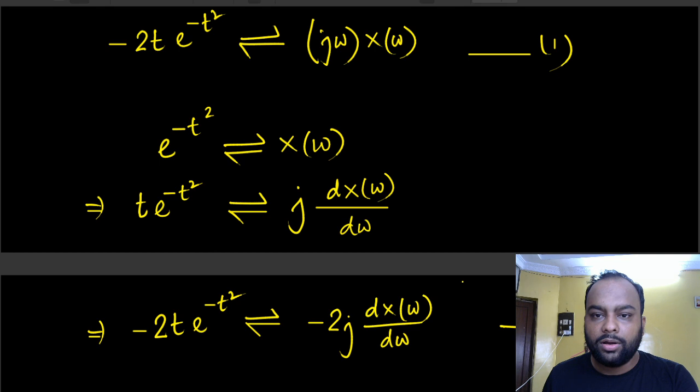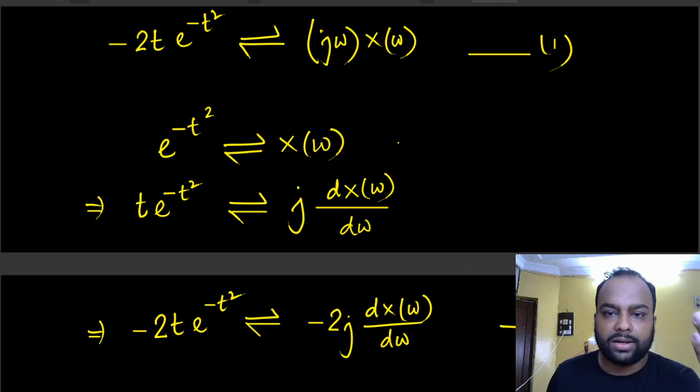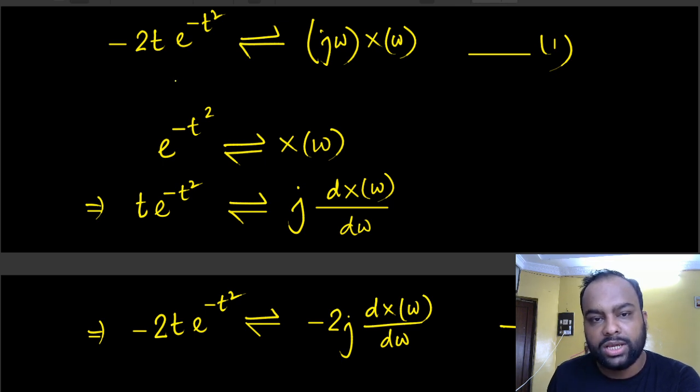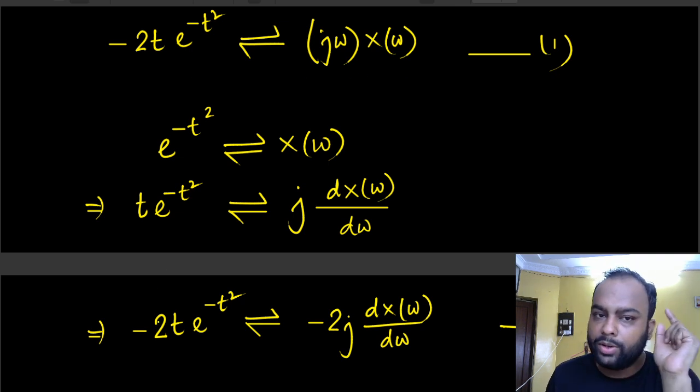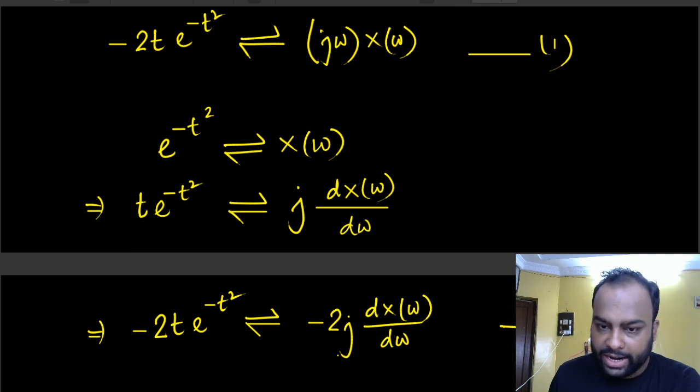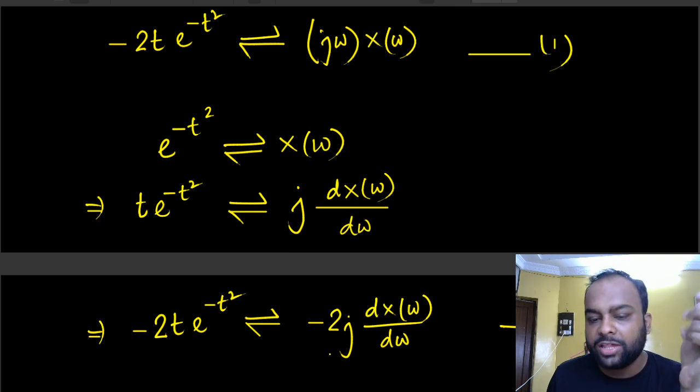So now, very carefully, let's compare equation number 1 with equation number 2. In equation number 1, we have the Fourier transform of minus 2t e to the power minus t square, and that's j omega X(omega). And in equation number 2, we once again have the Fourier transform of minus 2t into e to the power minus t square, and here the Fourier transform is being given as minus 2j dX(omega)/d omega, right?